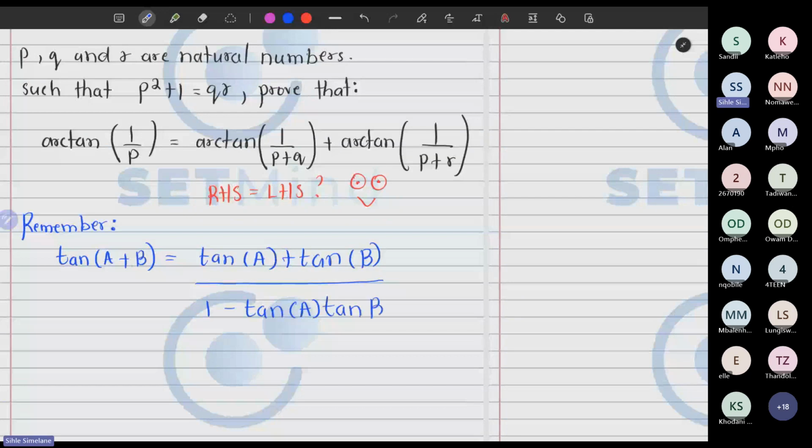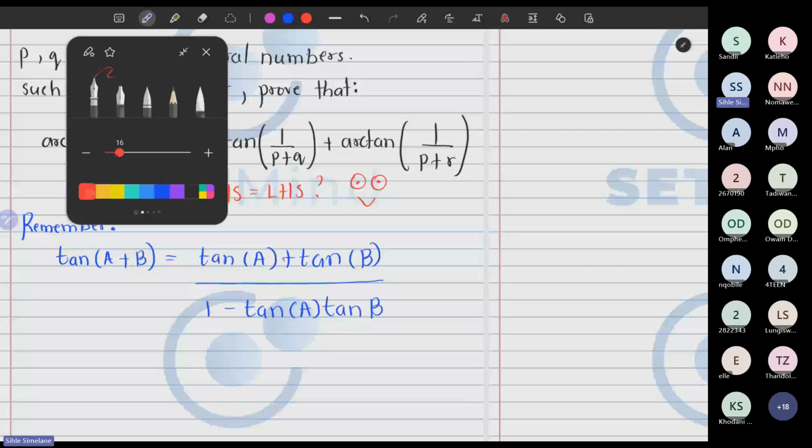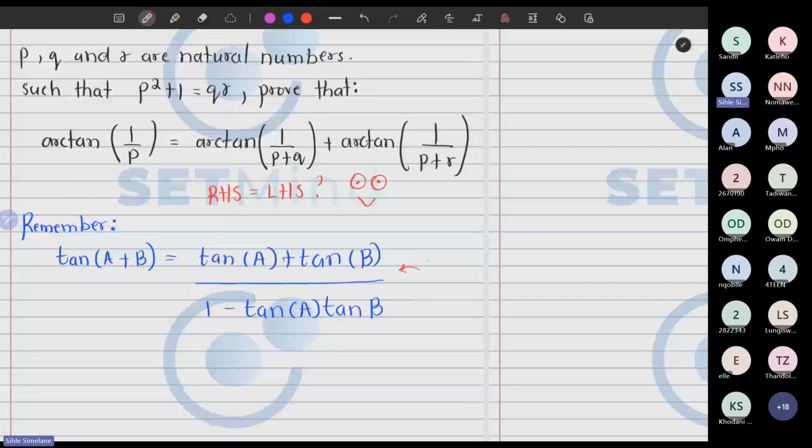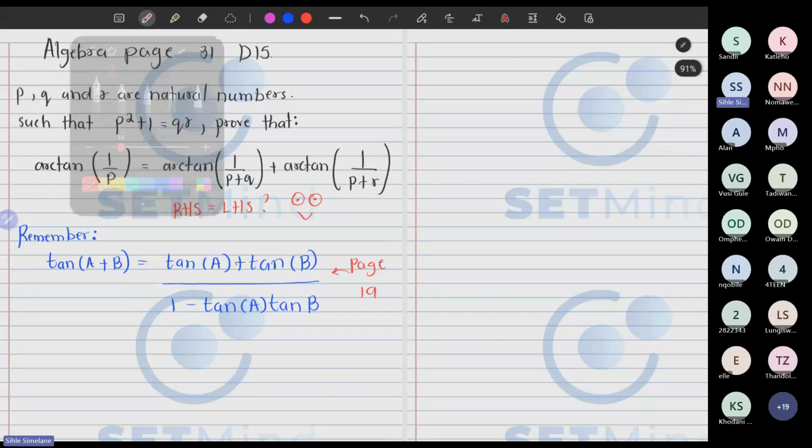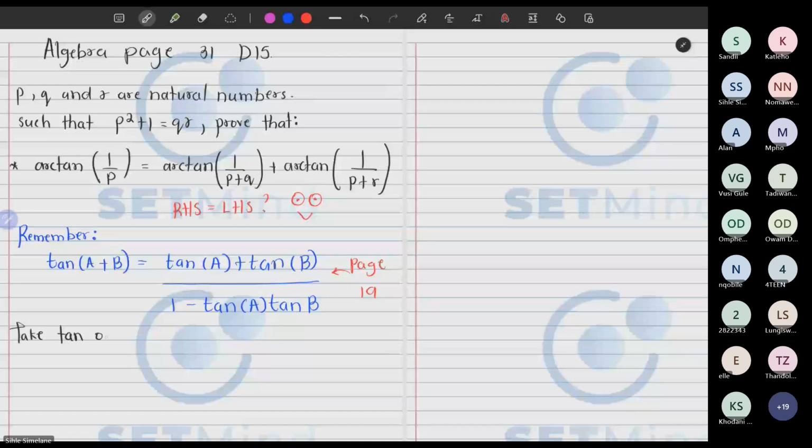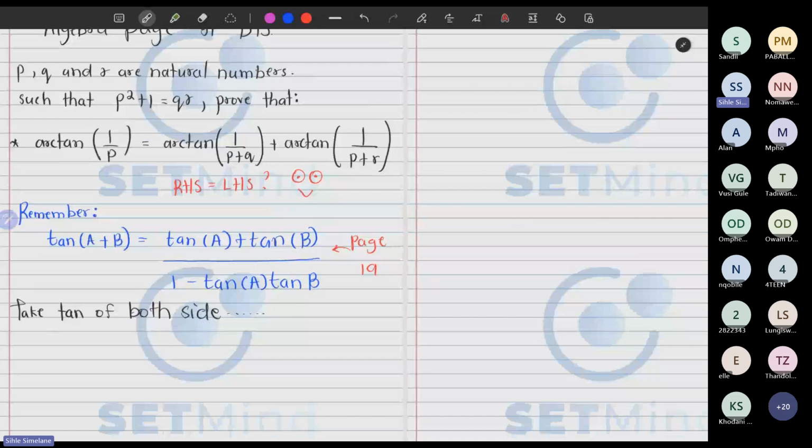Tan B. Okay. This was covered some other time earlier, and if you go up your study guide, this is on page 19, sorry. So what we can then do is take the tan of both sides when we look at the expression we have above. So take tan of both sides, because the right-hand side should be equal to the left-hand side. So what I do on the right, I should do on the left.